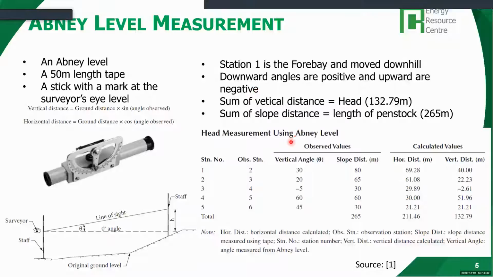I have actually at the end of my presentation given you some references, and these references have these examples. And basically, the ABNI level measurement is where you use the measurement and you use the tape. So what you do is you survey from a point, and then you get a staff.